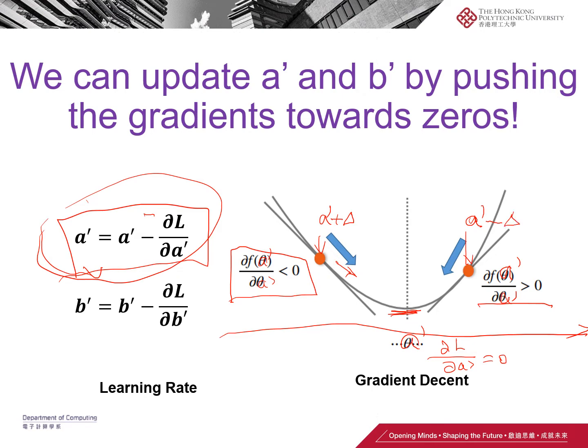So we will update the A prime like this. It will go towards this direction, and hopefully finally reach here. But most of the time when we're updating them, it will go here, here, here, and finally reach here. It will be something like that.